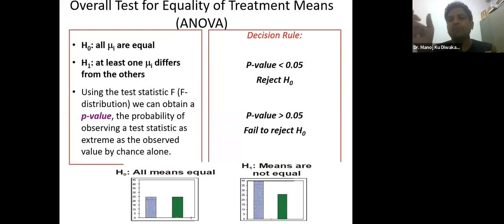Sometimes we know that my drug is more effective than the other drug. So we will say that mu of drug A is more effective than the other. In that case, we will use a one-tailed test.